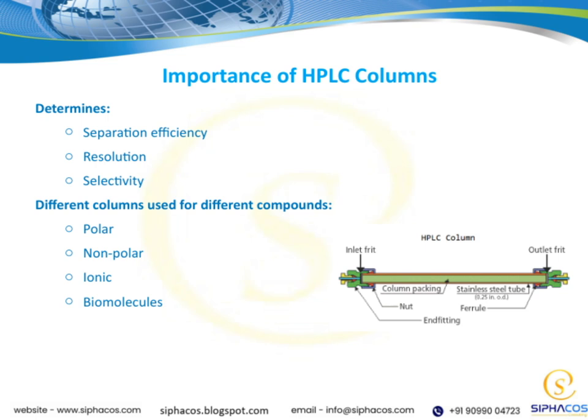Choosing the right column is crucial because it directly impacts the effectiveness of our separation and, ultimately, the accuracy of our results. So, understanding these differences helps us select the best column for each specific analysis, connecting directly to our overall goal of achieving precise and reliable separations.